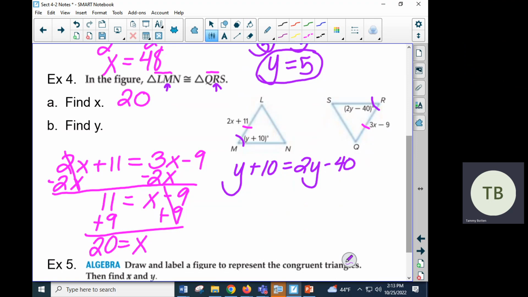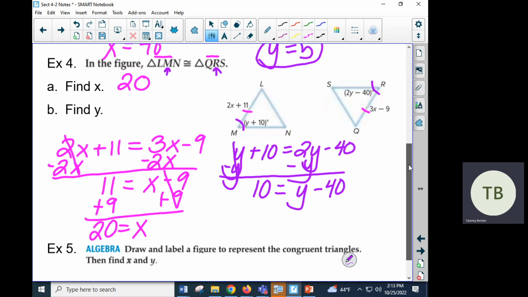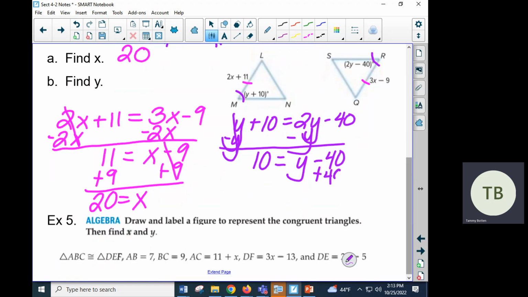And then we go ahead and solve that. So I'm going to bring this y over. And I bring the 10 down. 2y minus y is y minus 40. And then I'm going to add 40. And I get y is 50. So this is 50.